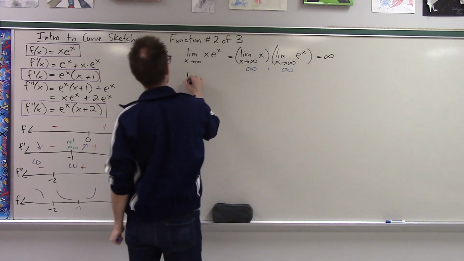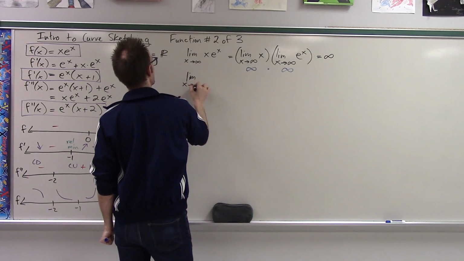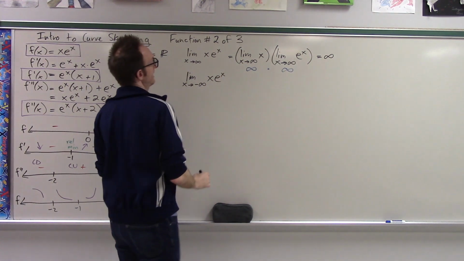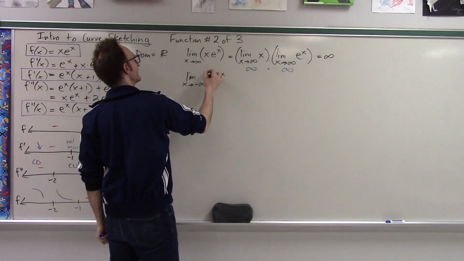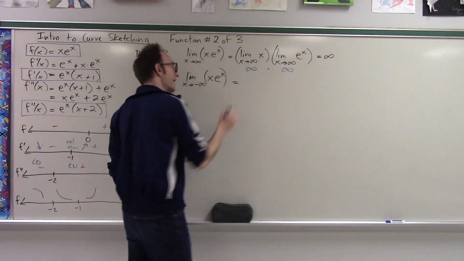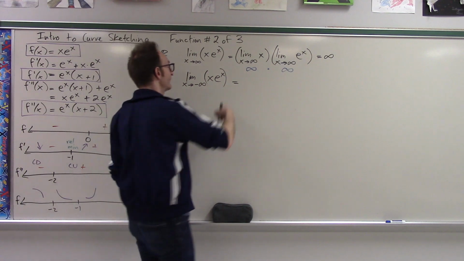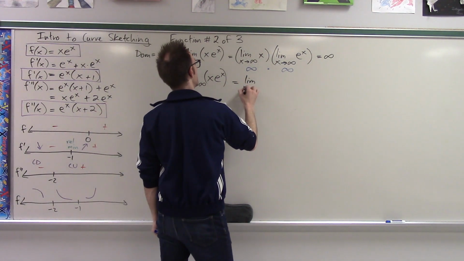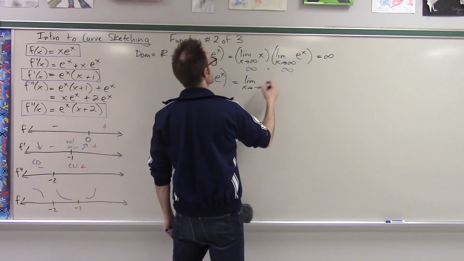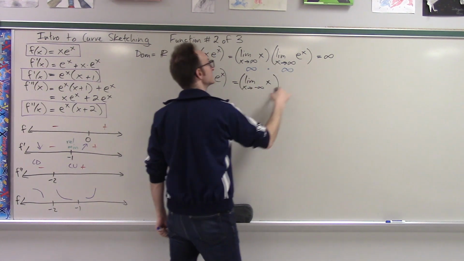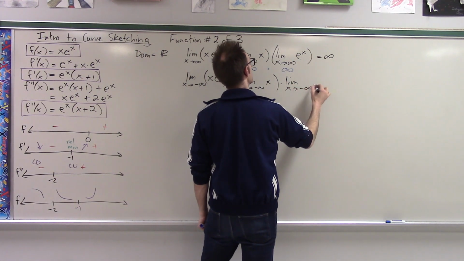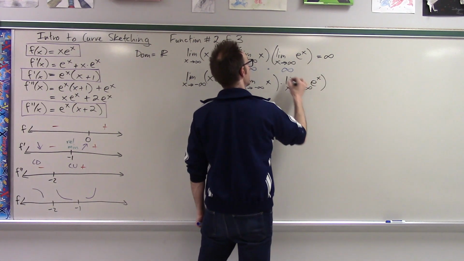Alright, but when I go to take the limit as x approaches negative infinity of x e to the x, it's kind of less obvious, maybe, what's going on here. And in fact, if you slow yourself down and do a careful analysis, it turns into something like this: the limit as x approaches negative infinity of x times the limit as x approaches negative infinity of e to the x.